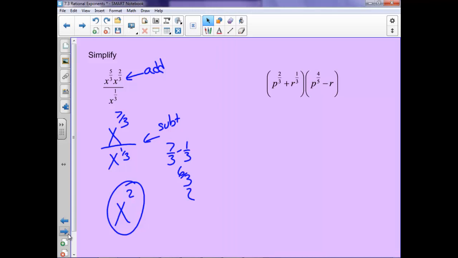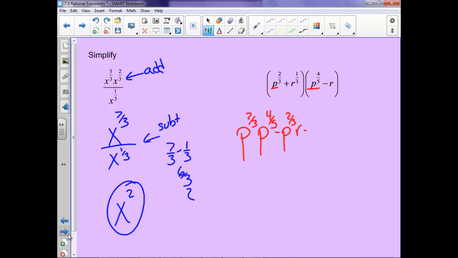This one, now we just need to distribute. So we'll have p to the 2/3 times p to the 4/5. I'm actually just going to write it the long way first. And then we'll have minus p to the 2/3 times r, plus p to the 4/5 times r to the 1/3, minus r times r to the 1/3.